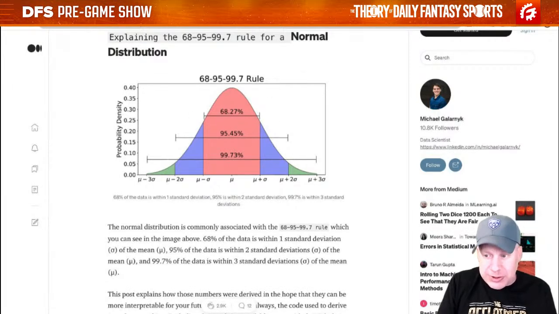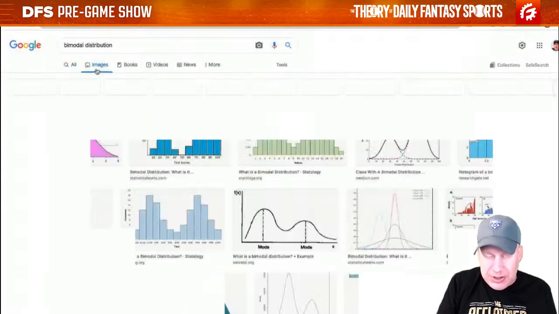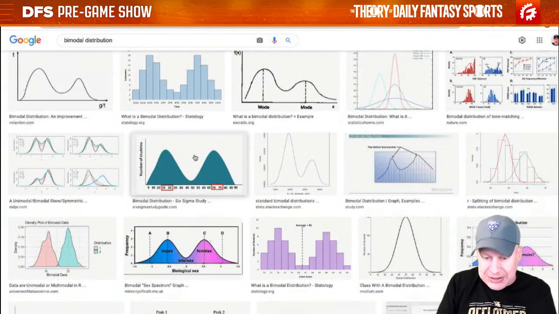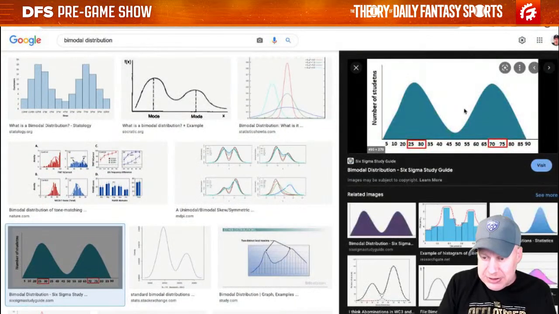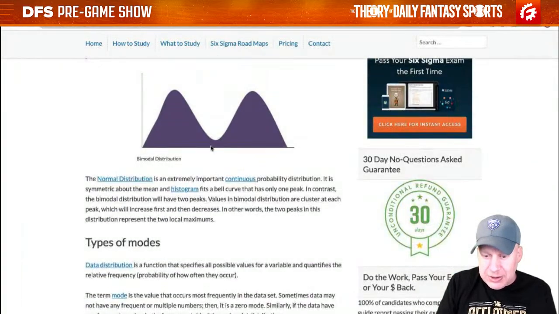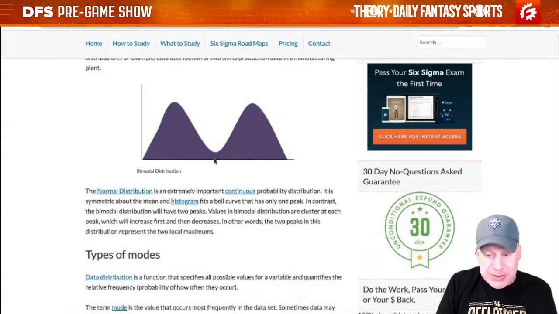That's a normal distribution. A bimodal distribution, on the other hand, is where there are bumps like this. So even though from a median perspective, here's the median right here, right in that little gap.